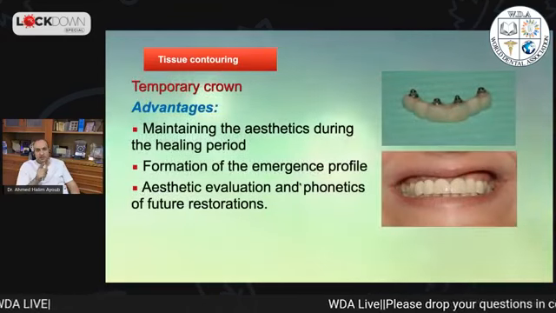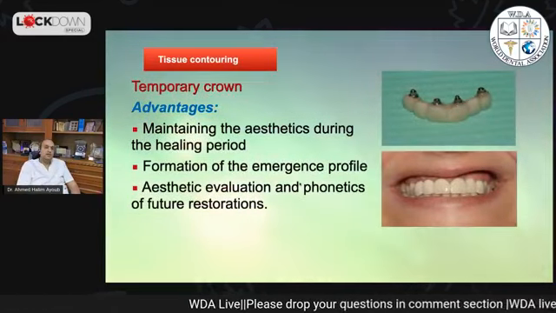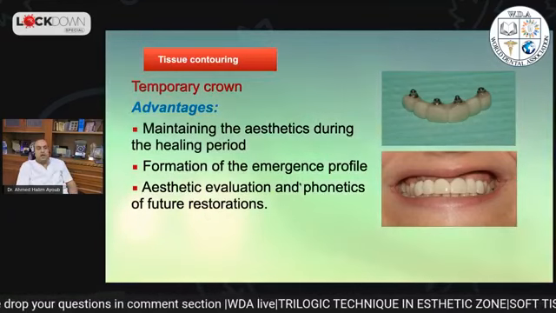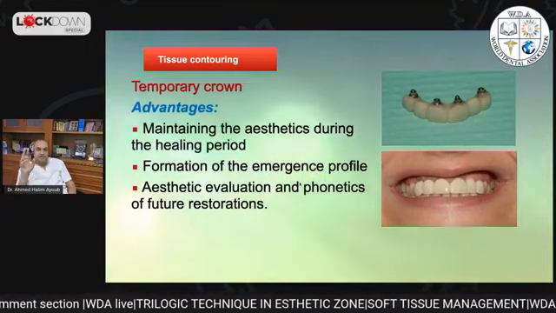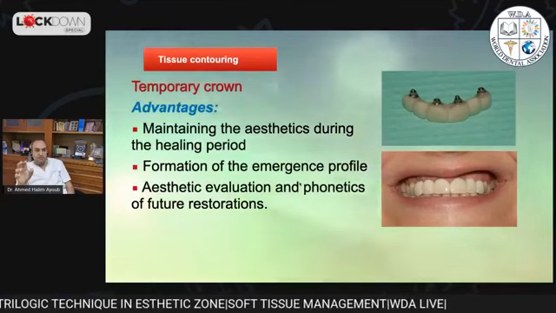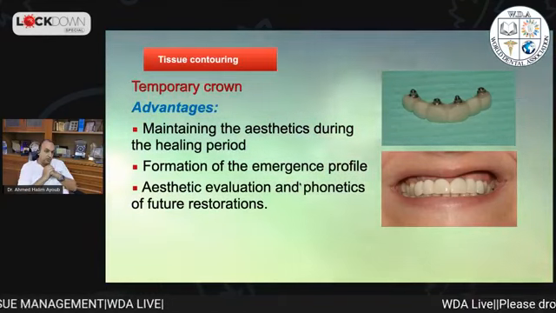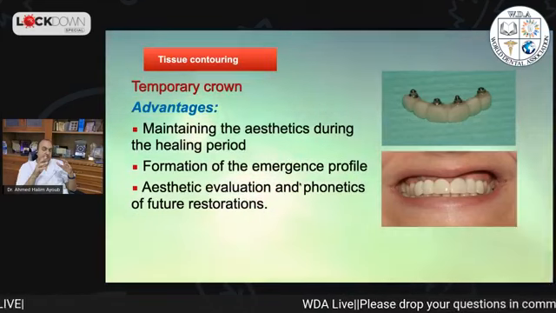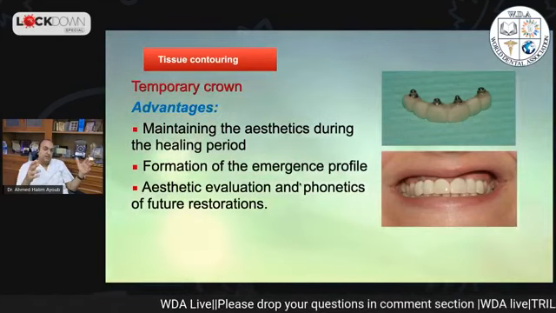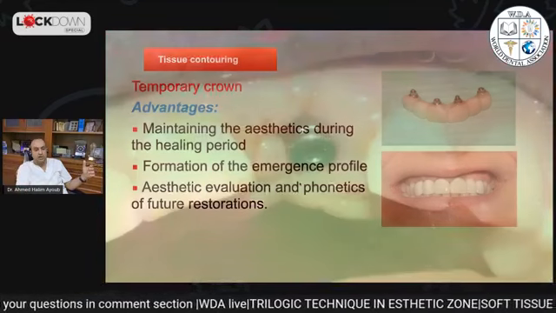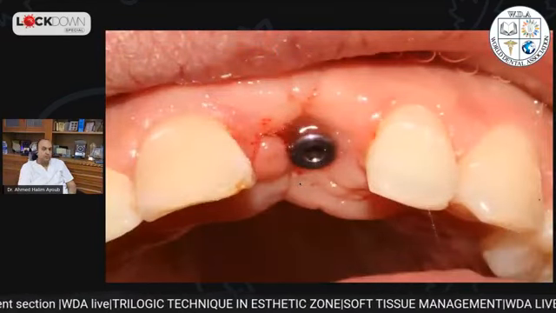I believe this is the answer to the question. A temporary crown maintains the aesthetics during the healing period and forms the emergence profile, which is really very important. And it allows aesthetic evaluation and phonetics for the future restoration. So we are using a temporary crown instead of a normal healing abutment.